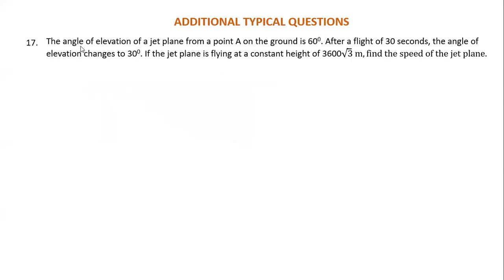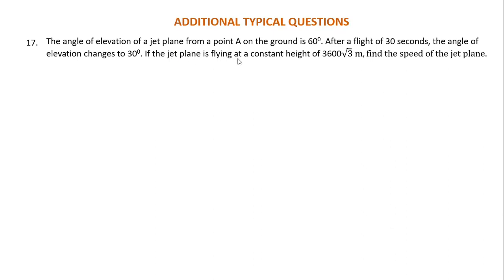Now, the exercise is over here. Now I am giving some typical questions which were asked in the board examination, so pay attention to these questions also. 17th question. The angle of elevation of a jet plane from a point A on the ground is 60 degrees. After a flight of 30 seconds, the angle of elevation changes to 30 degrees.